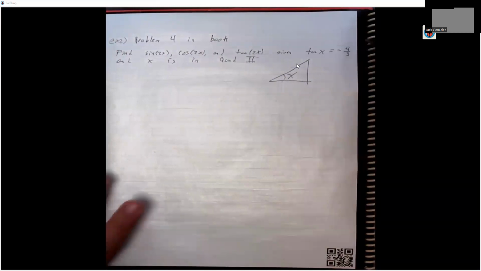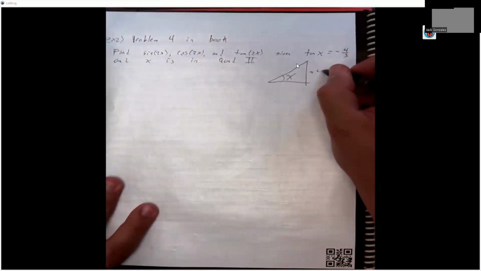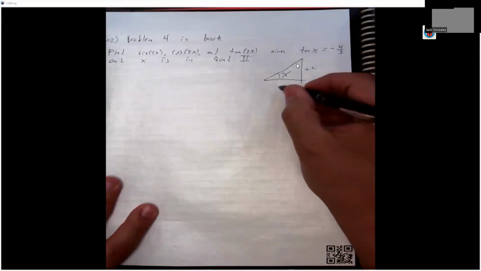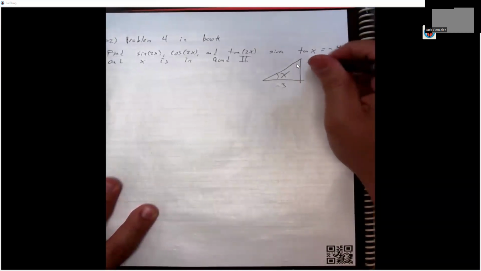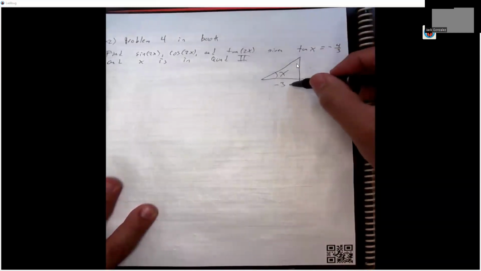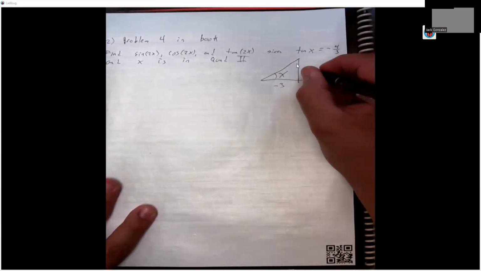X is negative, so that negative should be on the 3, because this will belong to the cosine. So do the Pythagorean theorem, and you should get a 5 here.